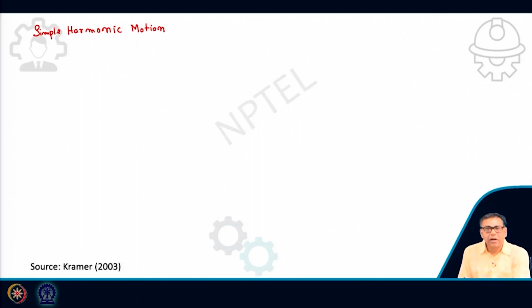The simple harmonic motion can be characterized by sinusoidal motion at constant frequency. Okay. So, this simple harmonic motion I can represent in two ways. One is the trigonometric notation, another is the complex notation. First I will discuss the trigonometric notation, then I will discuss the complex notation. So, first we are using the trigonometric notation.